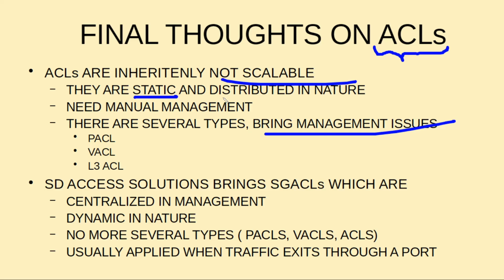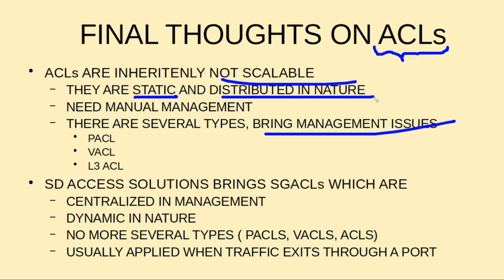Traditional ACLs are distributed in nature. That means that if we want to add a new rule, modify a rule, or delete a rule within our enterprise network, we actually have to go through every single device within our network that has ACLs. And within each of these devices, we have to go through every single type of ACL that this device may have.